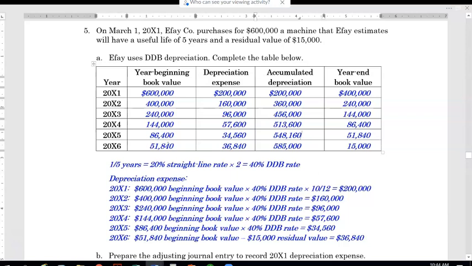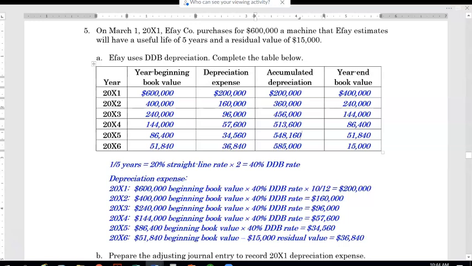51,840. We take it to year 6, and this is last year. We have just 3 months of depreciation for year 6, technically, to recognize. So that means we have to stop at residual value. This is where the residual value becomes an important number.